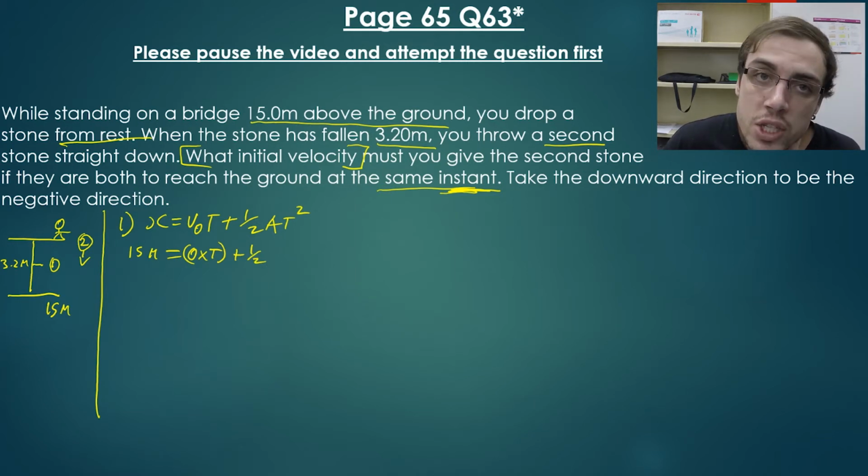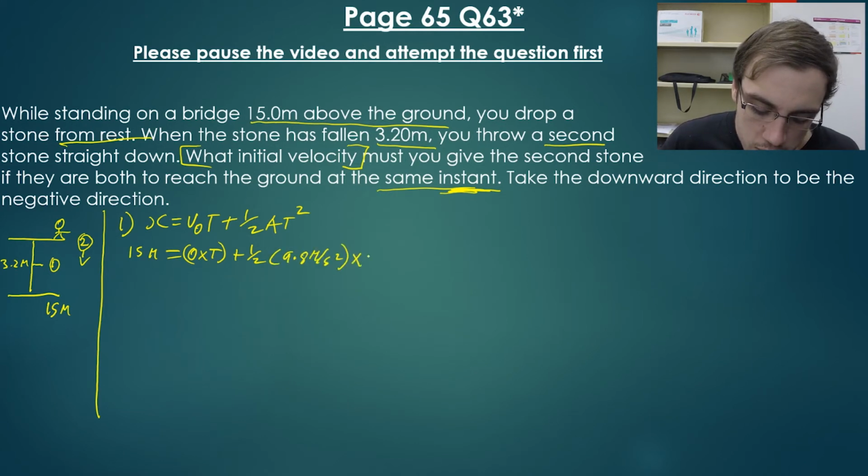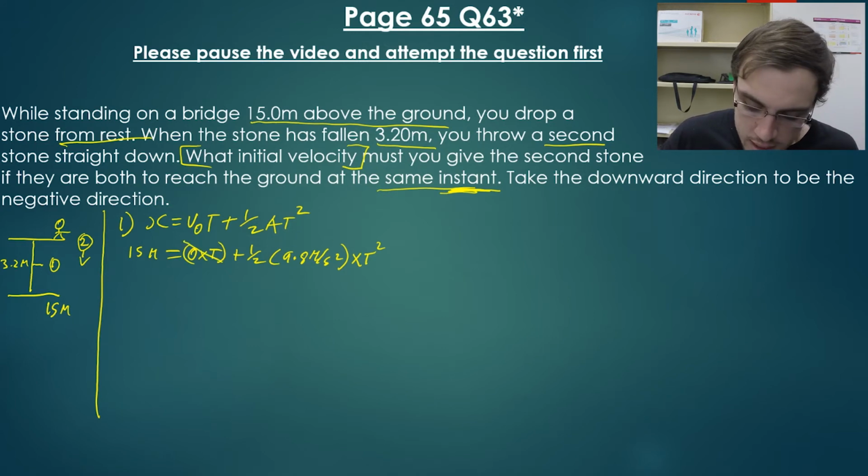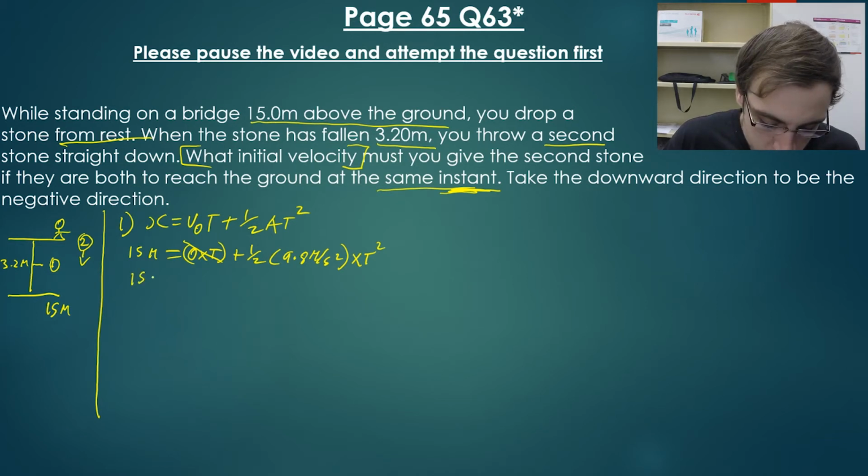The acceleration is due to gravity, so that's 9.8 times t squared. 0 times t is obviously 0, so that cancels. So we have 1/2 of 9.8 times t squared.